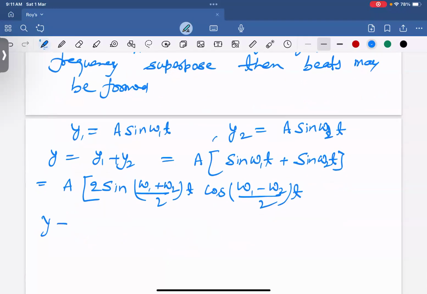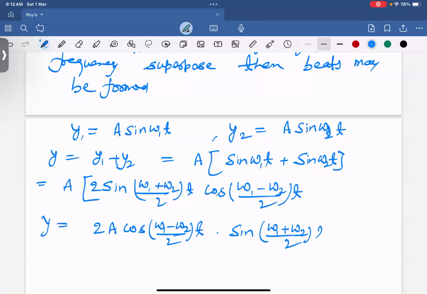So this is basically y equals 2A cos (omega 1 minus omega 2)/2 into t, and this is sine (omega 1 plus omega 2)/2 into t.